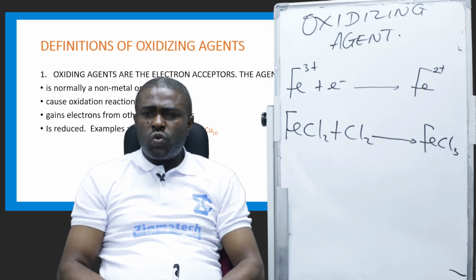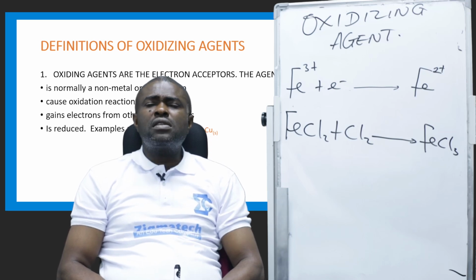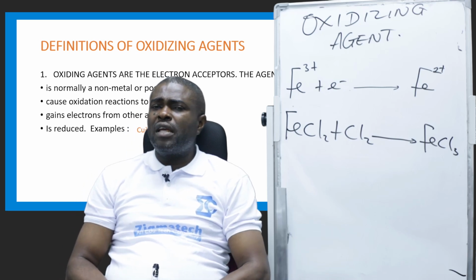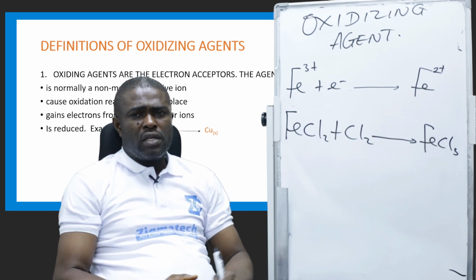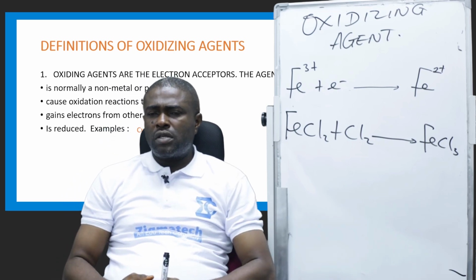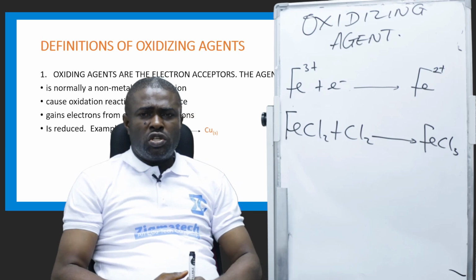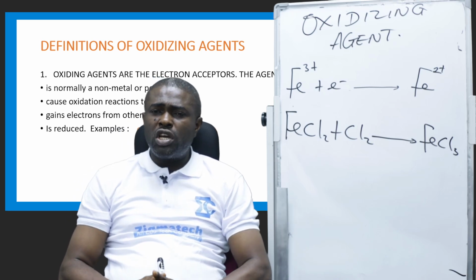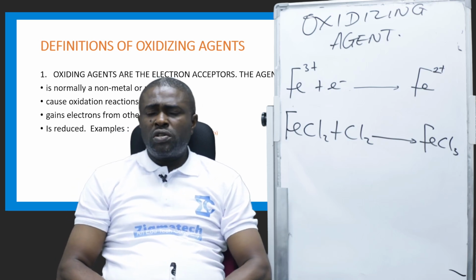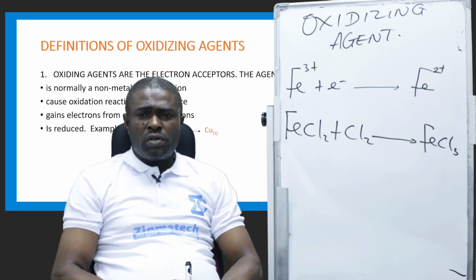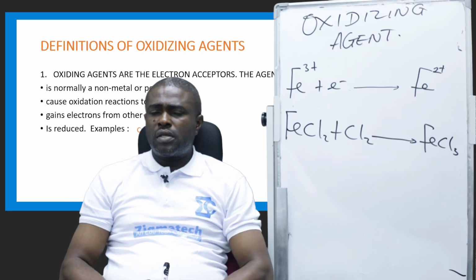Looking at a redox equation, you'll always discover that the oxidation number of a particular element in a compound changes from left to right or right to left. You see a change in oxidation number. And once there is a change in oxidation number, definitely an oxidation or reduction reaction has taken place.